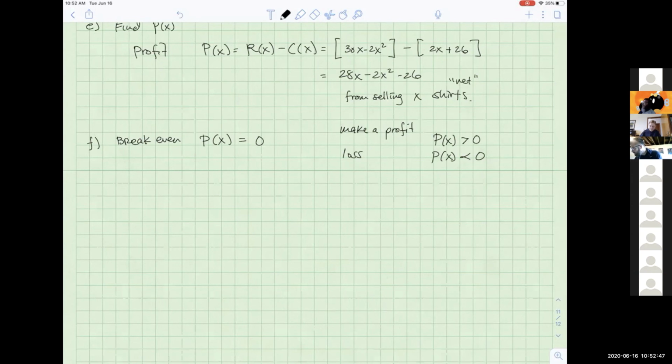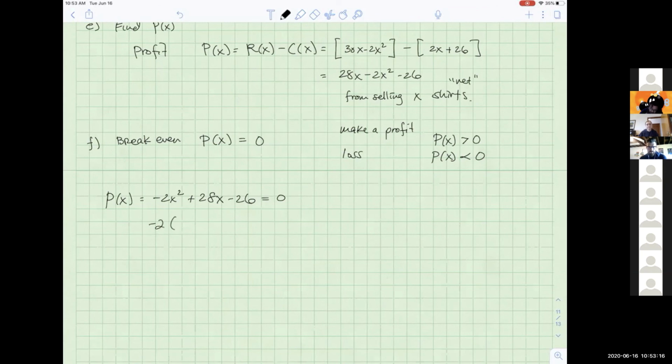So it says, find and interpret P of X equals zero. Now, this might be a little bit difficult for some of you that maybe aren't used to this kind of thing, or remember how to do this from Math 127, but this is a polynomial equation that we're setting equal to zero. And if possible, we'd like to factor that.